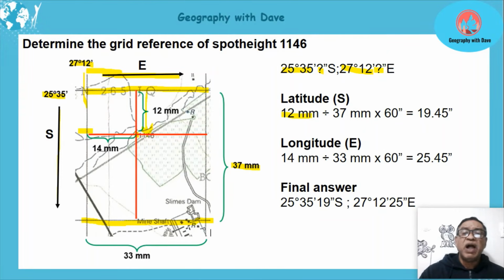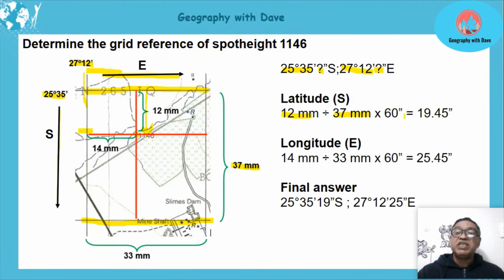We take the 12 and divide it by the measurement of the block, which is 37 millimeters. So we get the point of the block in terms of minutes, a point something of a minute. Now, this is in minutes. What we have to do is convert it into seconds.